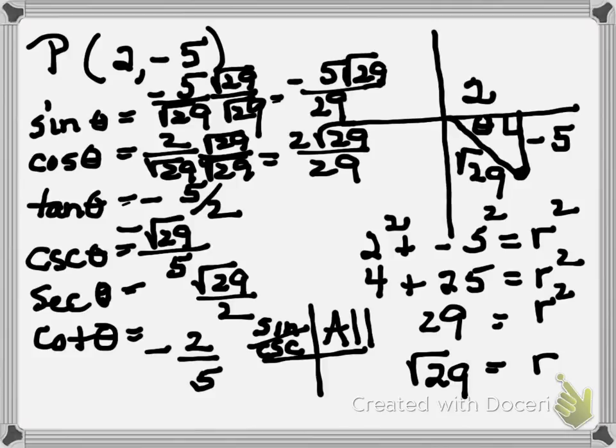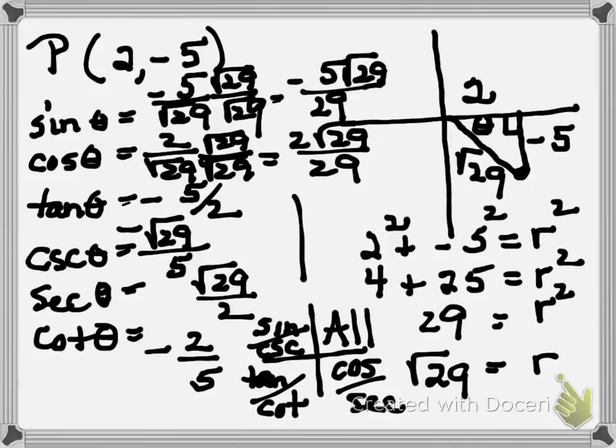In the third quadrant, tangent and cotangent are positive. And in the fourth quadrant, cosine and secant are positive. So if you want to just think of all of them being positive: sine and its reciprocal, tangent and its reciprocal, and cosine and its reciprocal.